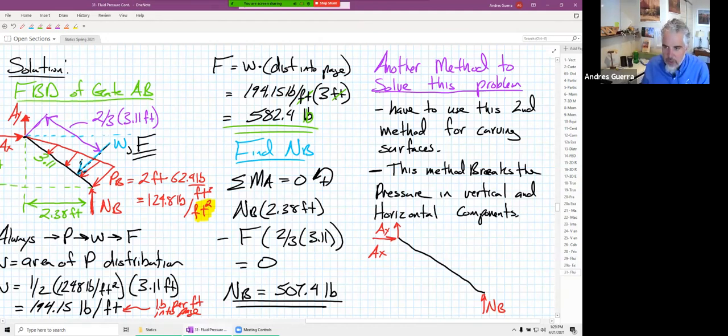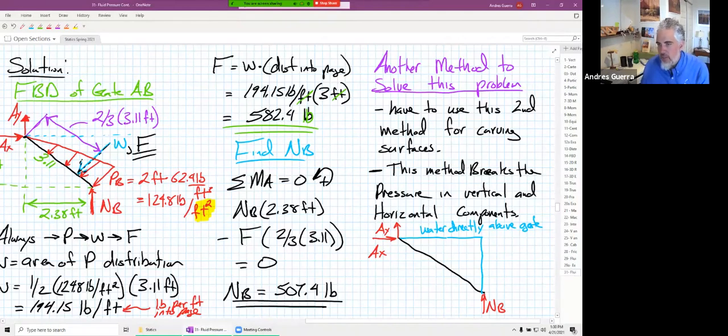We figure out all the water that's sitting directly above the gate.